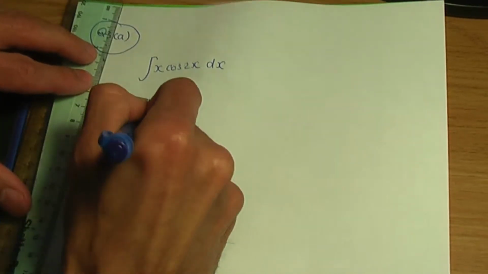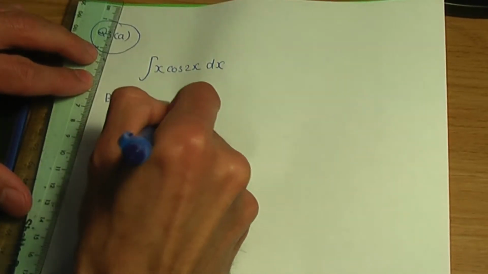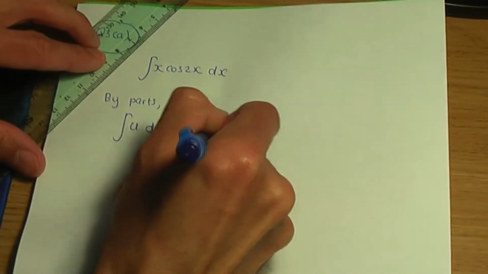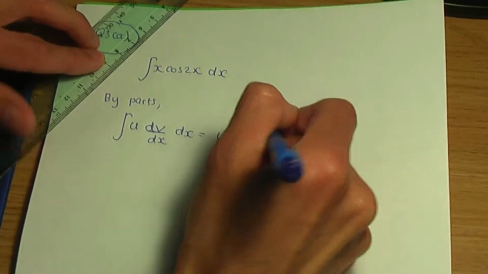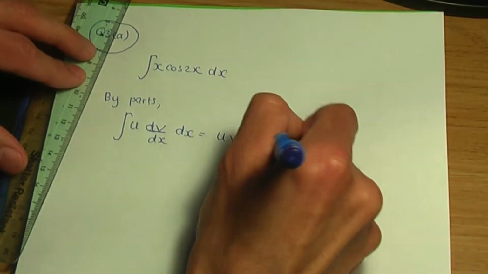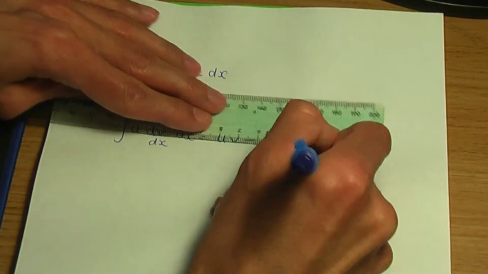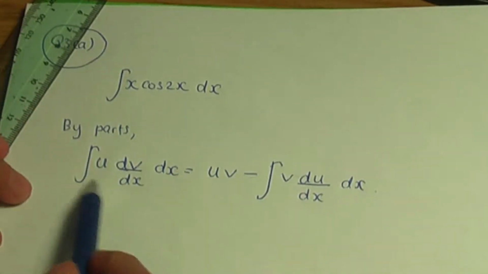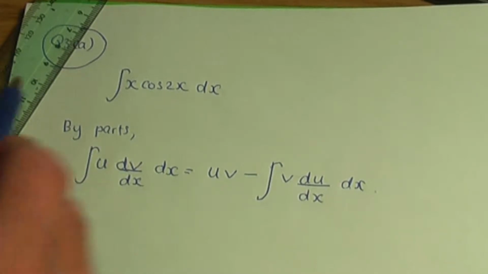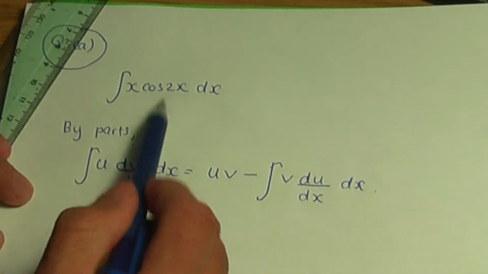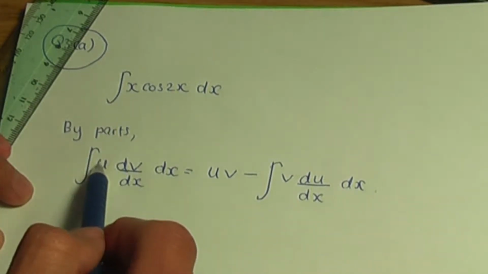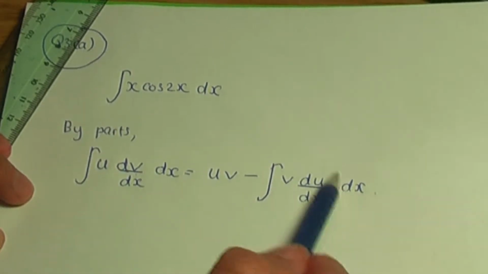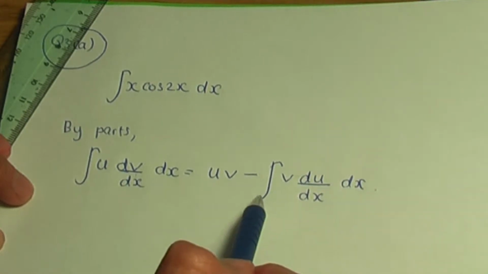The by parts formula goes like this: the integral of u dv over dx with respect to x, that is uv minus the integration of v du over dx with respect to x. Now when applying by parts, you need to choose u and dv over dx. So we need to select u and dv over dx so that v du over dx is easy to integrate.